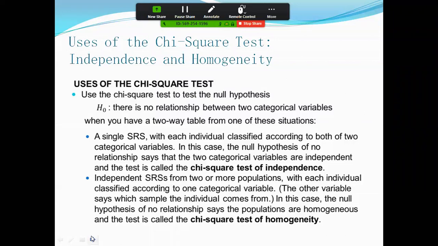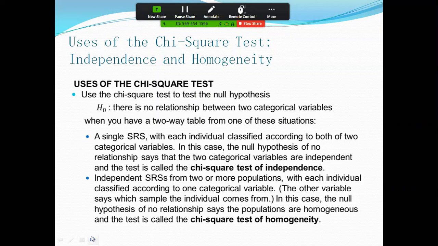A would be a single SRS with each individual classified according to both of two categorical variables. In this case, the null hypothesis of no relationship says that two categorical variables are independent, and the test is called the chi-square test of independence.